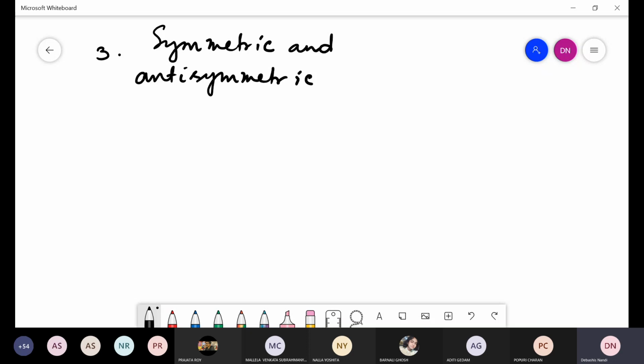A symmetric signal here is an even signal, and an antisymmetric signal here is an odd signal.